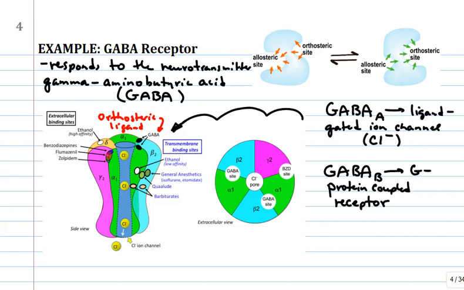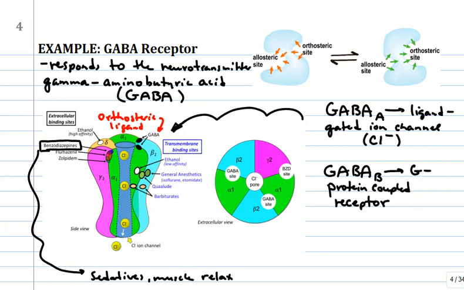Benzodiazepines, what are they used for? Well, they are sedatives. They are used as muscle relaxants, a muscle relaxant. Well, that's their kind of pharmacology, but what do they do?